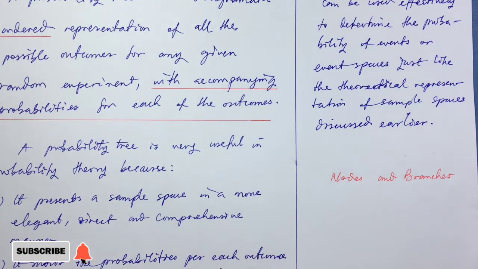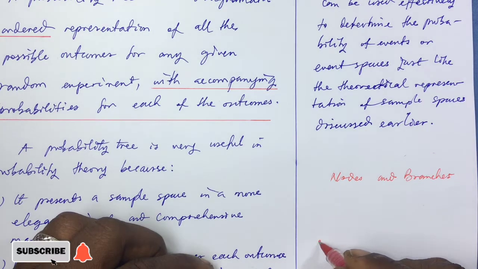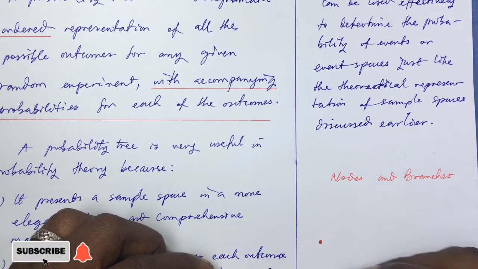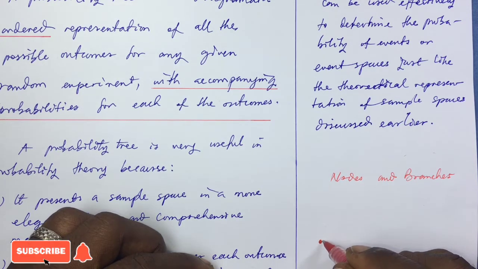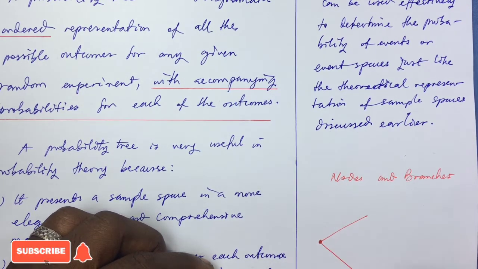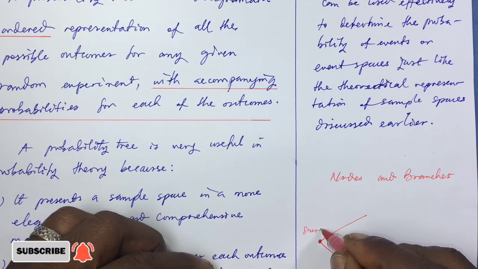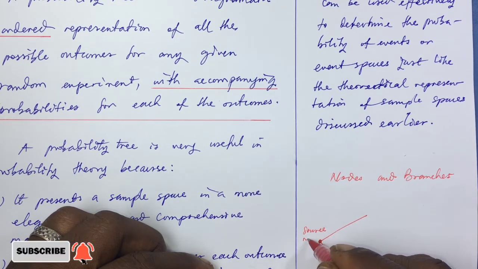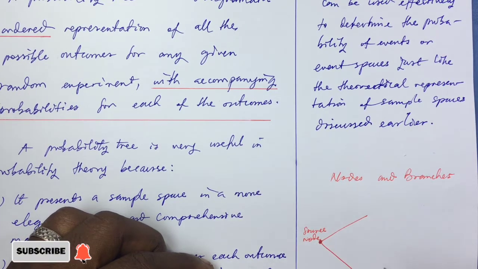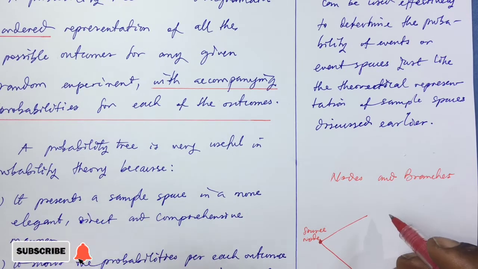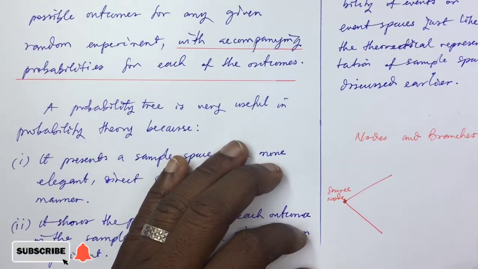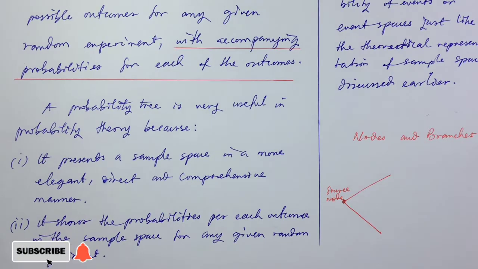So the probability tree begins with a source node. What we are describing as a probability tree is a diagram like this. It comes out from what we can call a source node. Like I just told you, a node is a point in the probability tree where branches emanate.